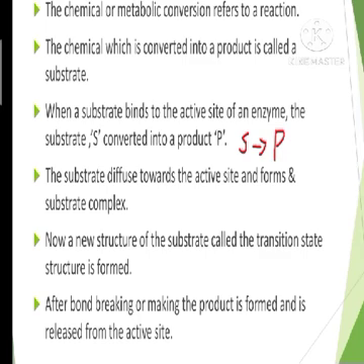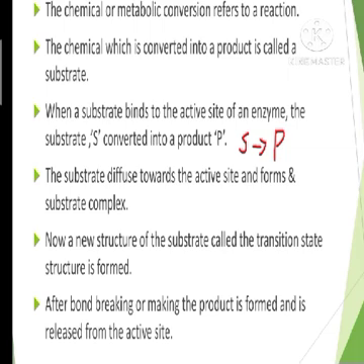So what happens? Very soon bond breaking and new bond formation takes place, and when it is completed, the substrate will now be converted into a product. And when the substrate is converted into a product, it cannot fit into the active site any longer. So it will be released from the active site.